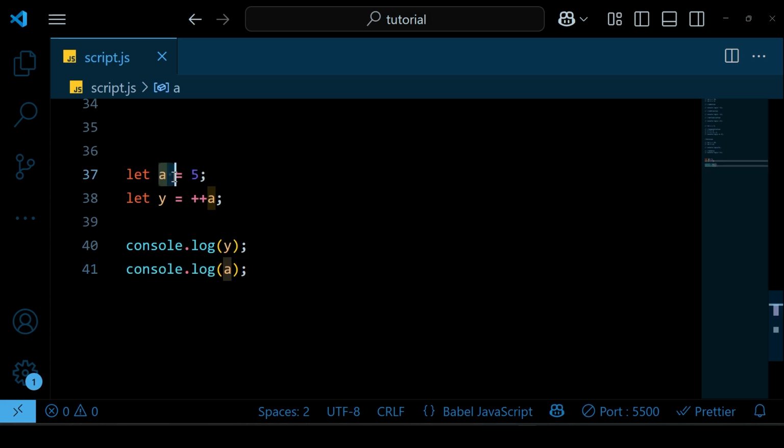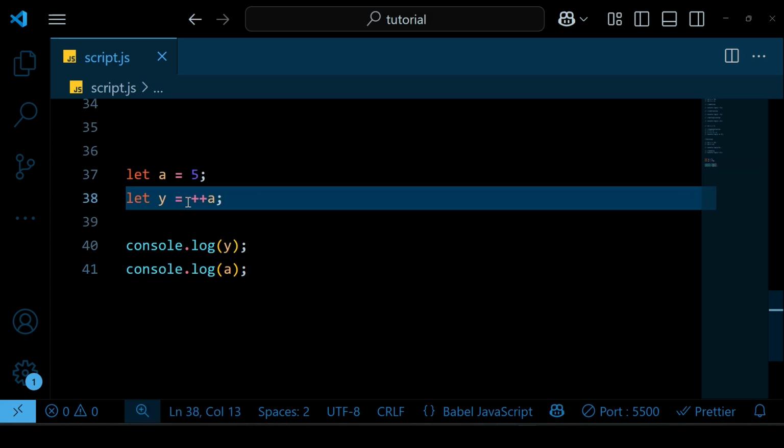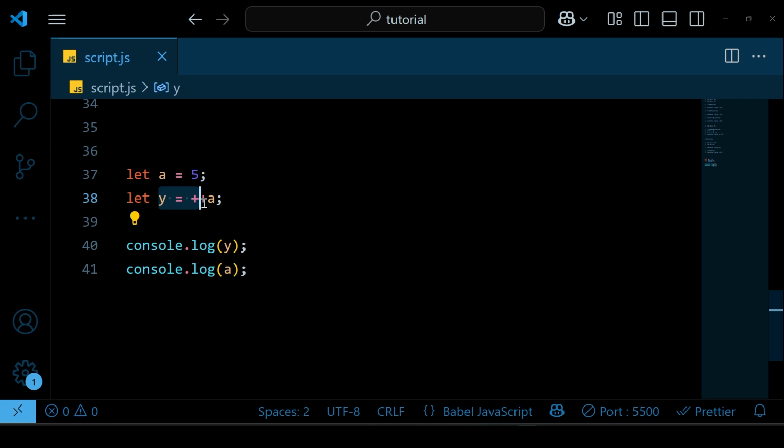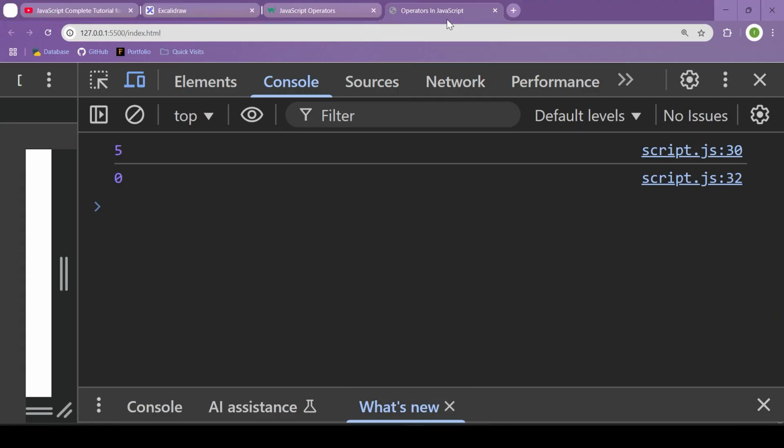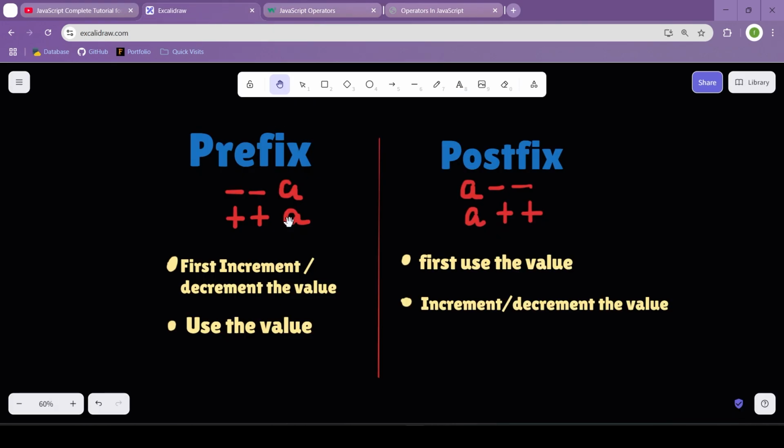So here we have a that is equal to 5 and here we have y that is equal to plus plus a. So we have plus plus a, that is your prefix. So what does it say? For your increment, it says first increment your value, then simply use the value.